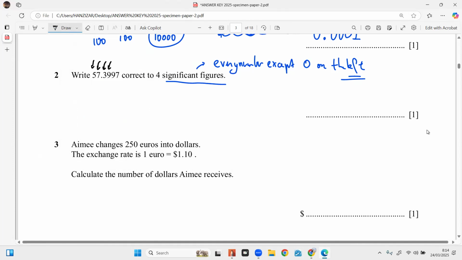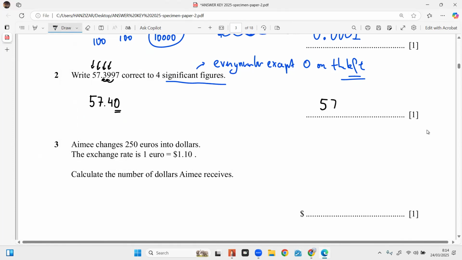You have to finish here, but focus: if the next digit is 9, it increases the value, so it affects the previous number. So 57.40. If you write 57.4, it's wrong, because the 0 here is considered a significant figure.